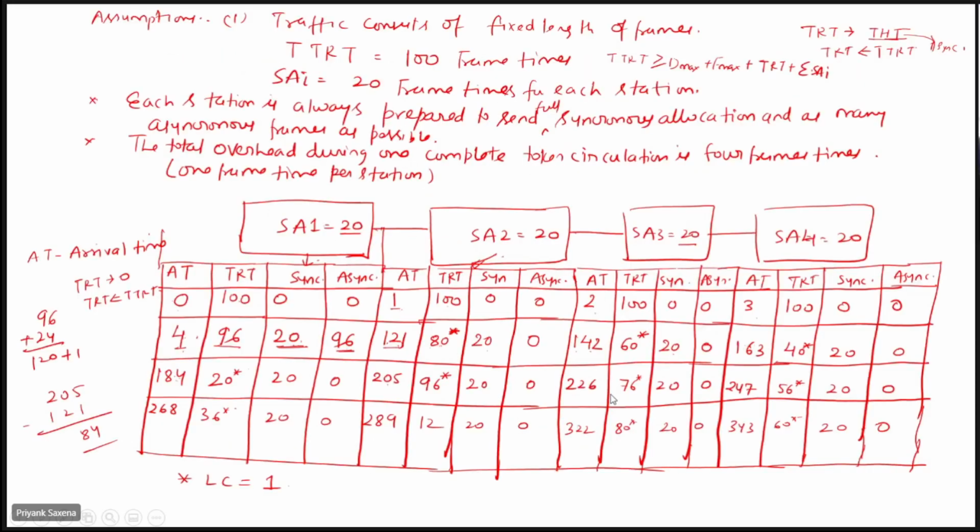Whether the token is arriving early or late will determine whether a station will use only its synchronous allocation or both synchronous and asynchronous allocation, right? The total overhead during one complete token circulation is 4 frame times. Like it is moving from one station to the other station.